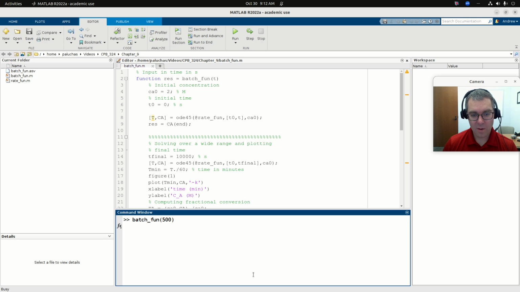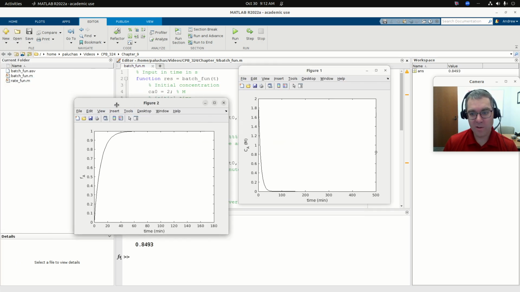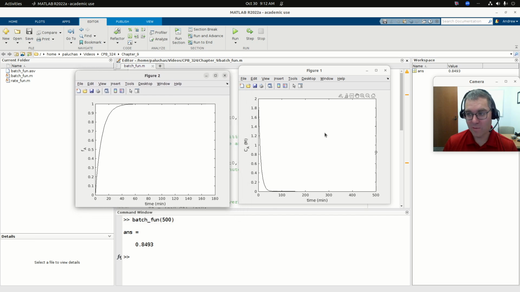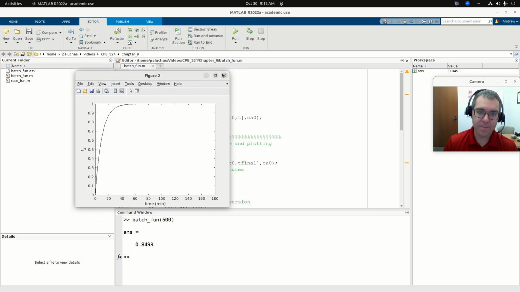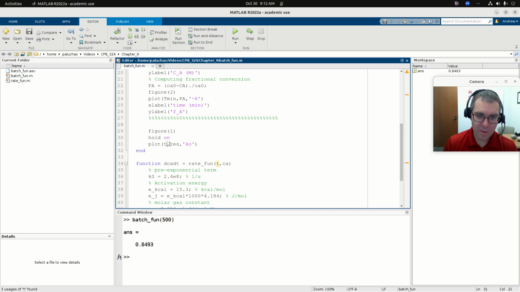seconds. And actually my figure is messed up. Why is my figure messed up? Because in my latest version, we converted the time to minutes when we plotted. So one way would be just to take t here and multiply by 60 to get it in minutes.